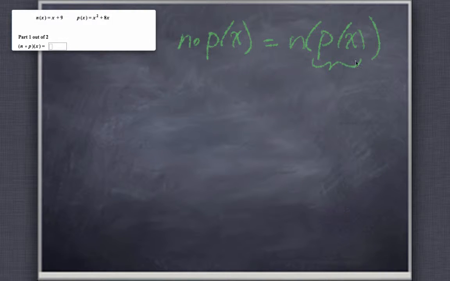So if this had a denominator or a root, we'd have to concern ourselves with its domain. But we also would have to be able to plug it into this. So we'd have to check the domain of the entire thing once it was out and simplified.